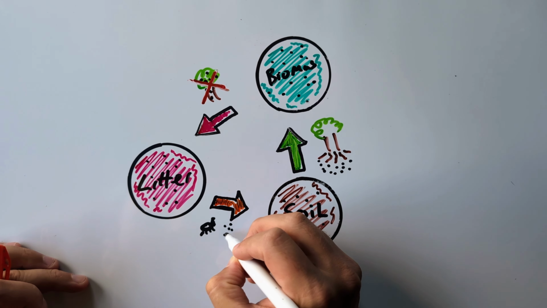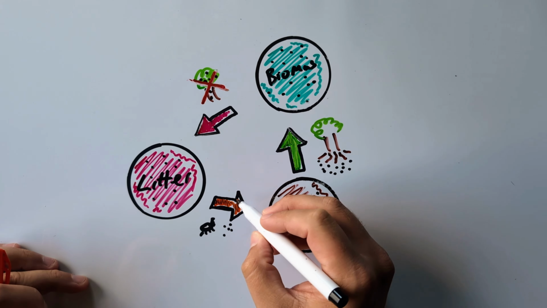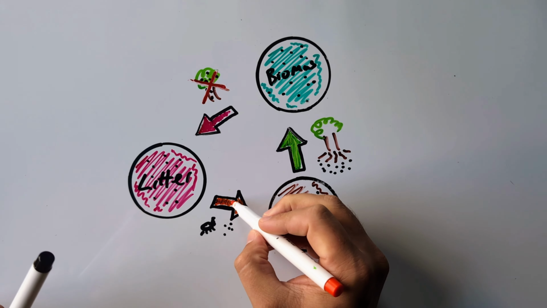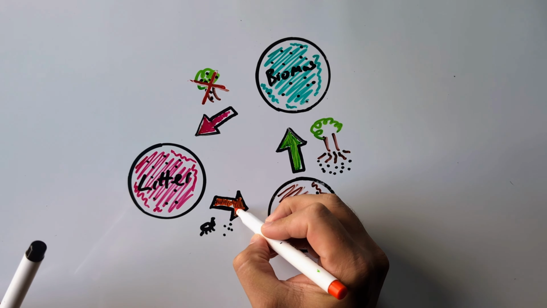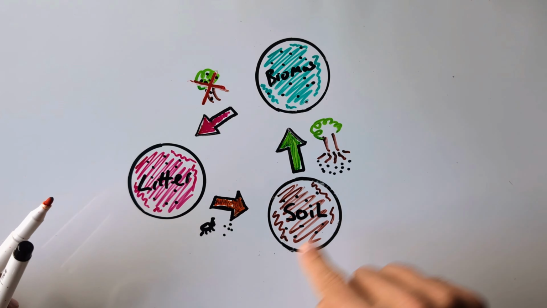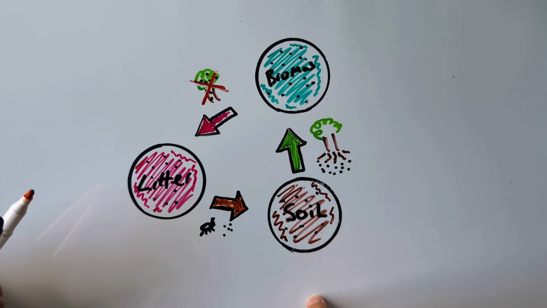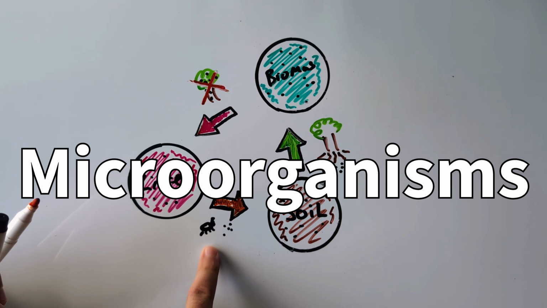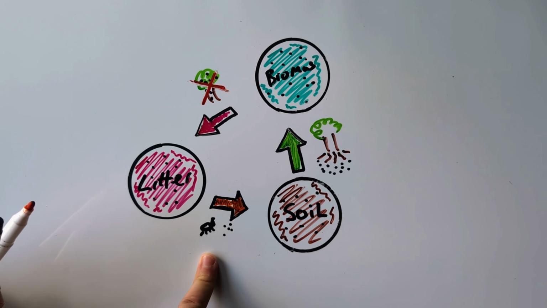It could be tiny bits of bacteria. And what they do is they decompose the litter and they form soil. Okay? And that completes the cycle. These are often called microorganisms.